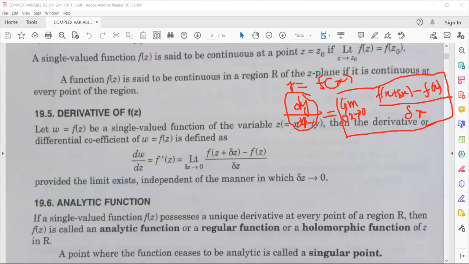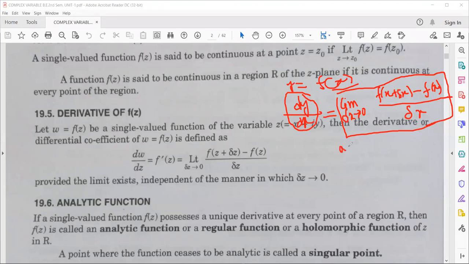The same concept, you transfer it to complex terms. Simply. Here x is a real variable, so you just change it to a complex variable. If you change x to a complex variable, obviously the function will also change to a complex one.